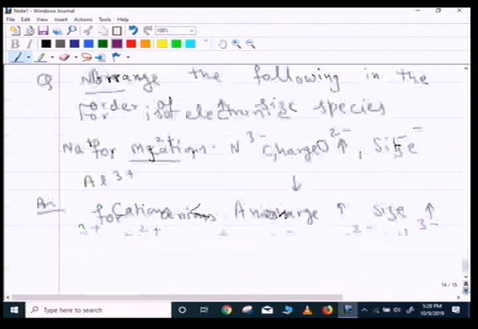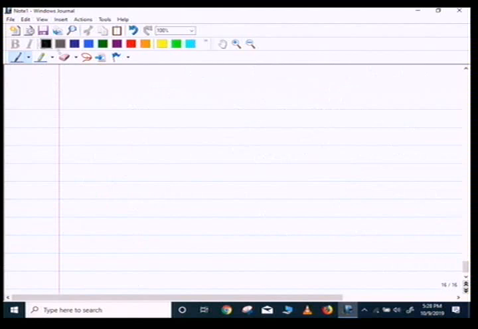Okay guys, let's practice a few little questions. The question is, you have to arrange all of them in the order of increasing size. Fe, Fe3+ and Fe2+.